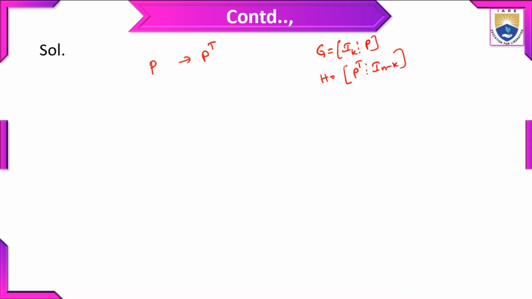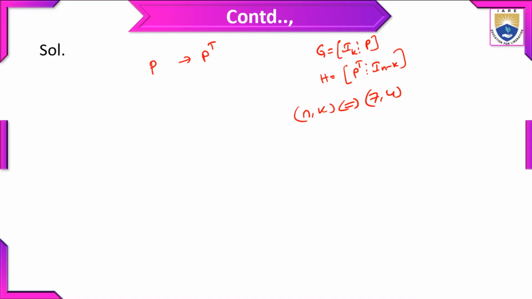Okay. So in the given H matrix, this P transpose is there, and at the same time I(N-K), the identity. Why? Here what are the sizes given? (N, K) is equal to (7, 4). So it means my N size is 7, my K size is 4.